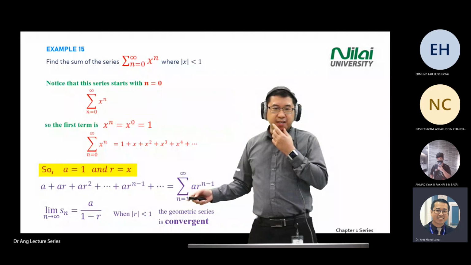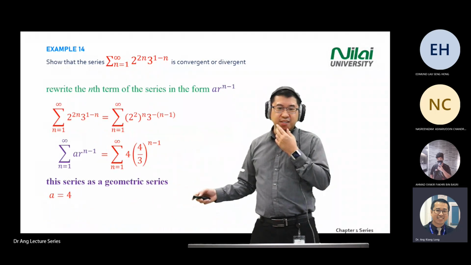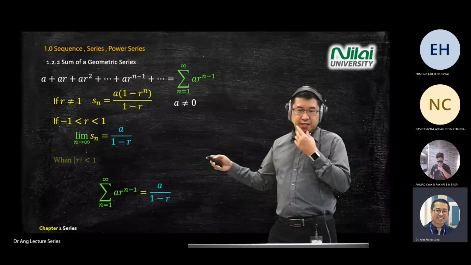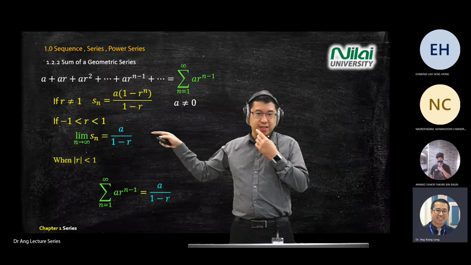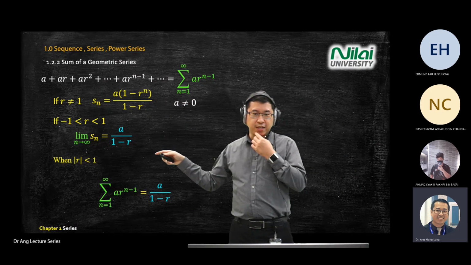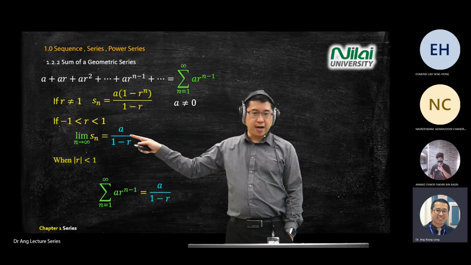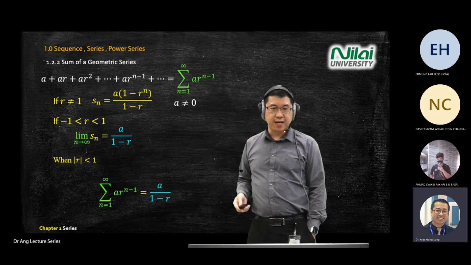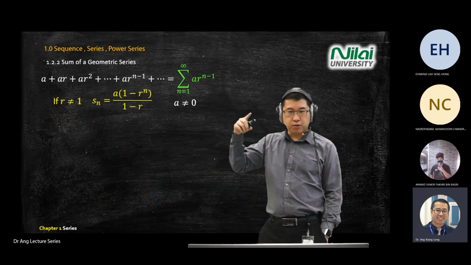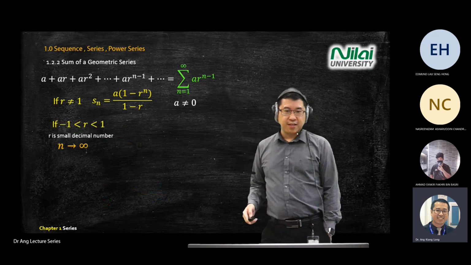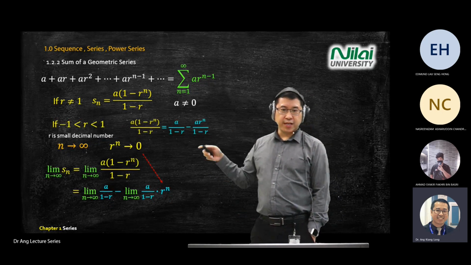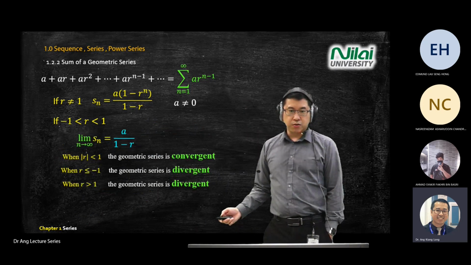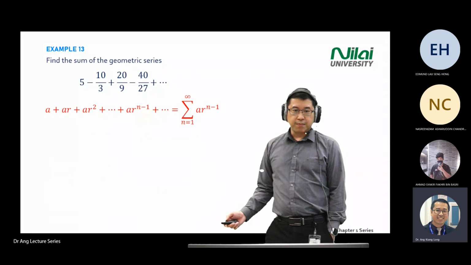Actually, we just use back the general equation. Give me some time to rewind back my slides. Still remember this one just now? Because we are having a geometric series, you take A divided by 1 minus R. Otherwise, you have to refer back to the previous lecture. There is a general equation to calculate that one. So let me fast forward a little bit back to example.